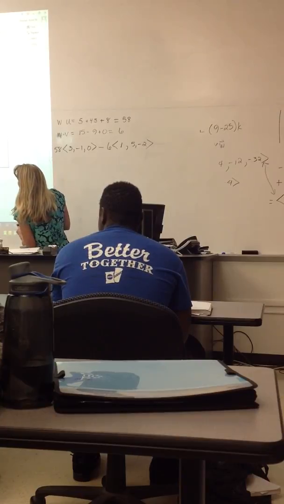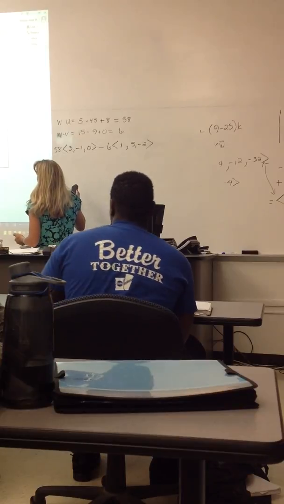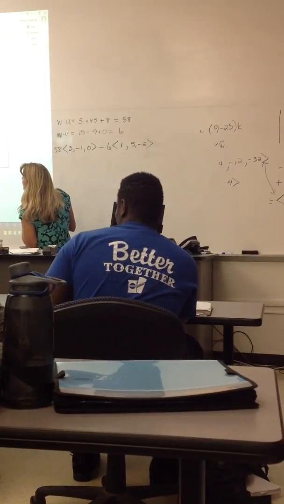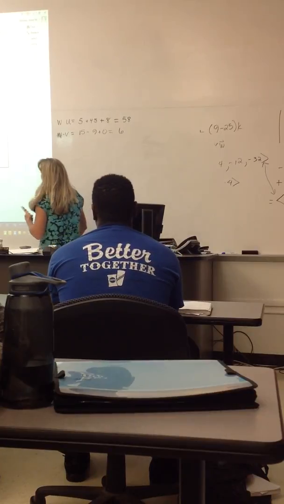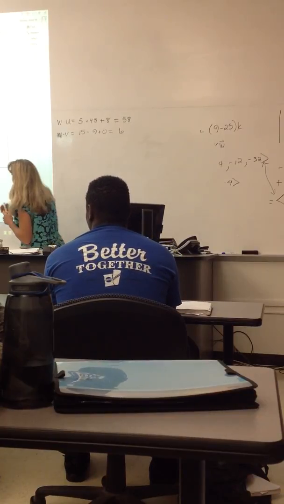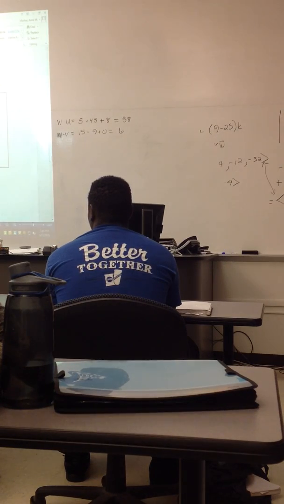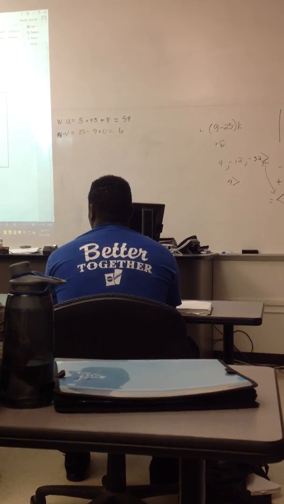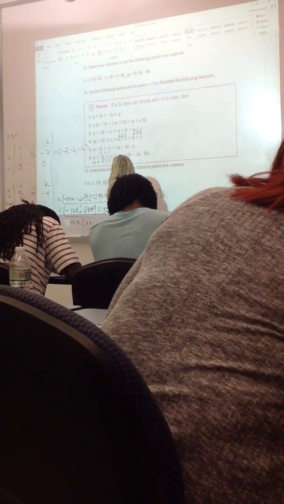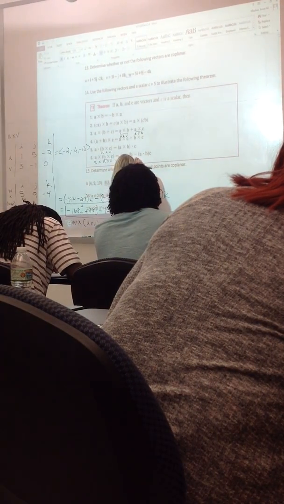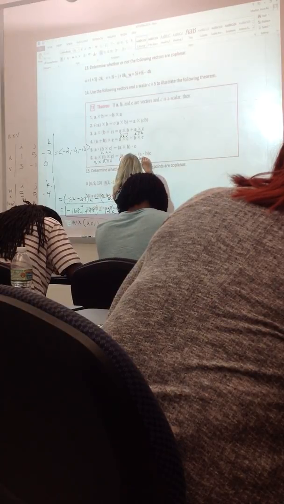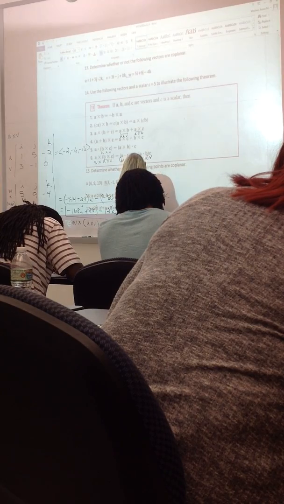You're right, just swap their places. I put a minus on the 58 and a plus on the 6. Okay, hang on. So this is my w, this is my u, and that's the b.